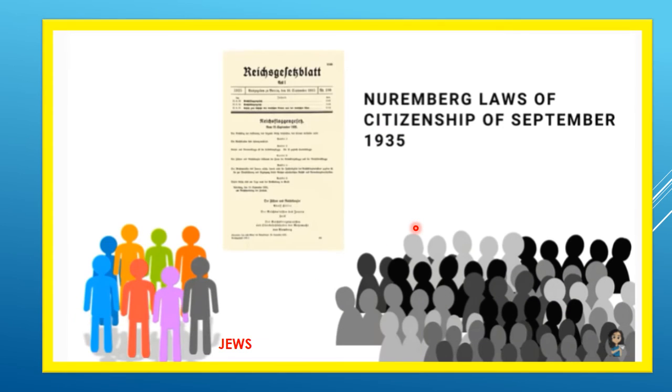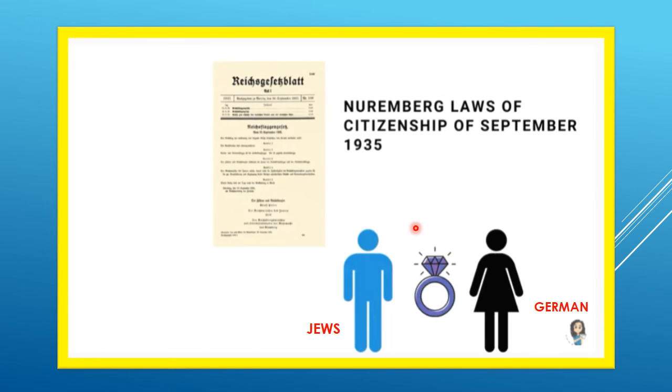Under the Nuremberg Laws of Citizenship of September 1935, only German citizens enjoyed the protection of the German Empire. The Jews and the other undesirables were not considered citizens. According to this law, marriages between Jews and Germans were forbidden.